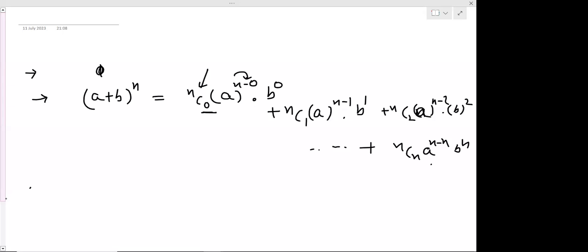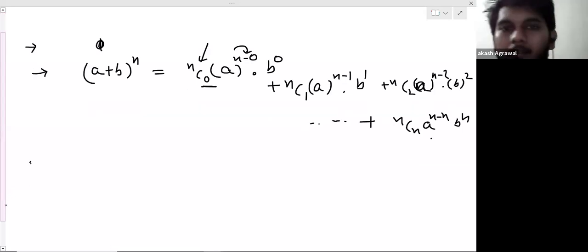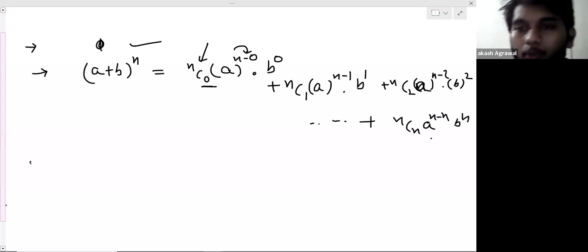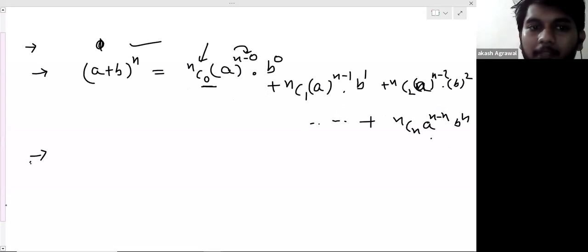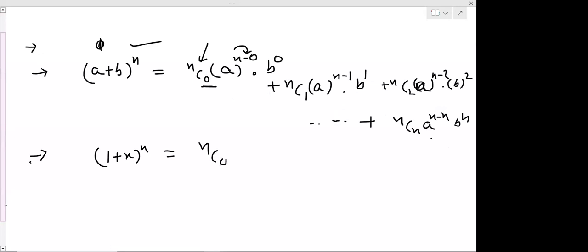So remember this, opening is very important. How to open the bracket. So if I give you (1 plus x) to the power n, can you tell me how to open this? nC0, 1 raised to n minus 0, x raised to 0.